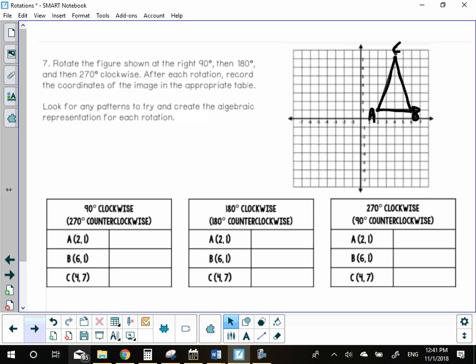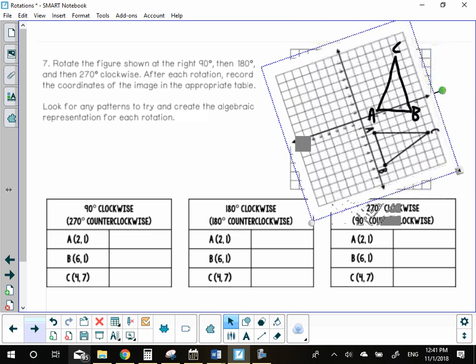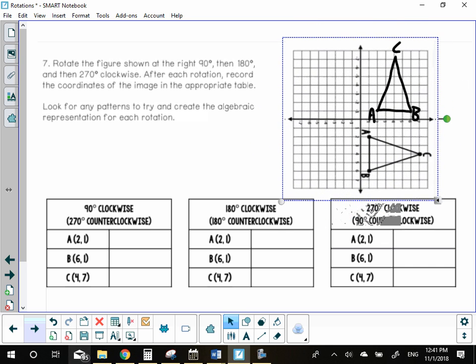And then we're going to do 90 degrees clockwise. So take your paper, keep it in shape, and just turn it 90 degrees around. You should end up seeing it in quadrant 4.